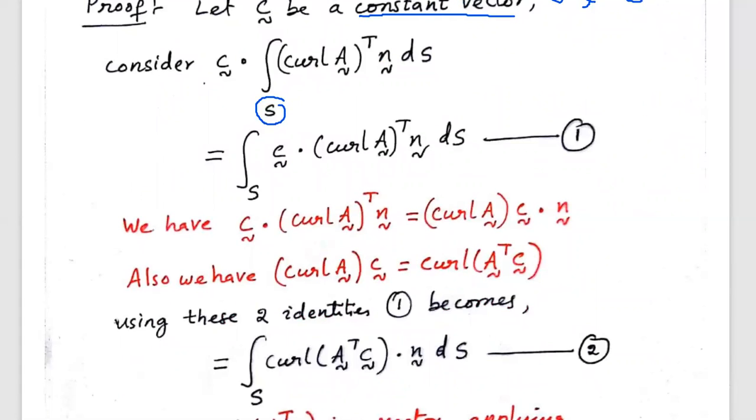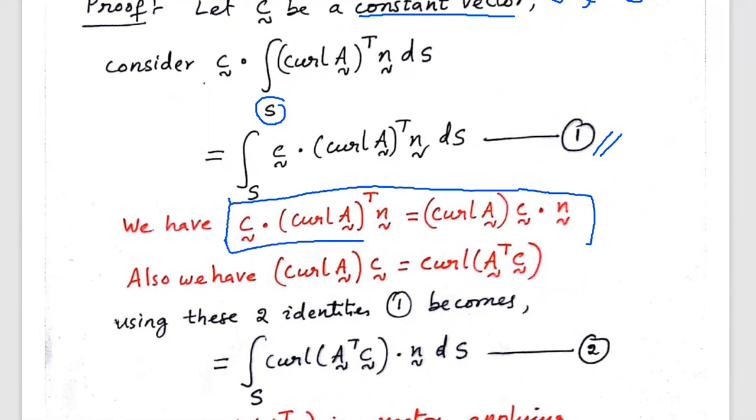Now, we have an identity. What is the identity? A very, very important identity. c dot curl A transpose N is equal to curl A c dot N. We have proved this identity using comma notations in our earlier classes.